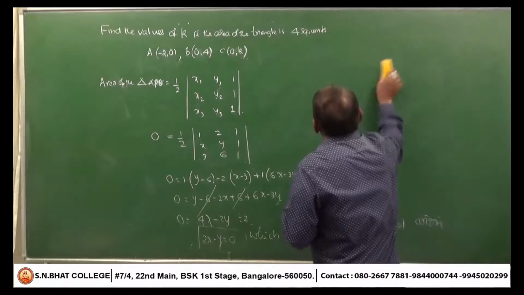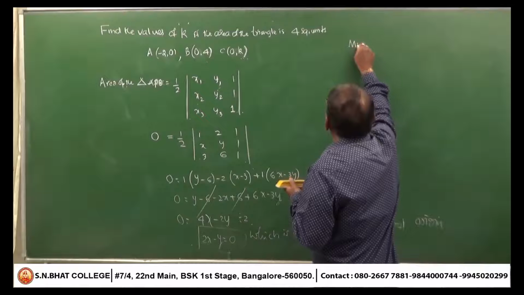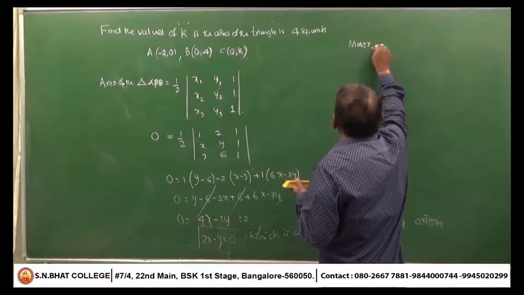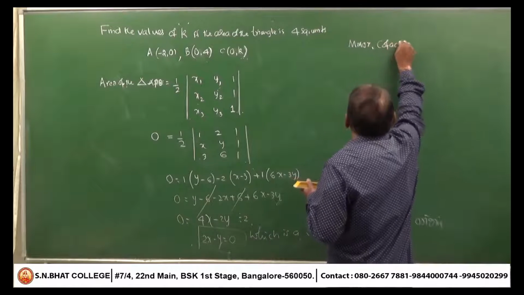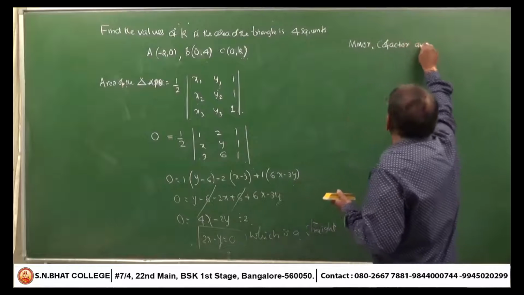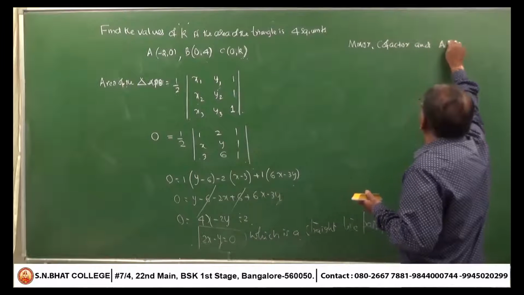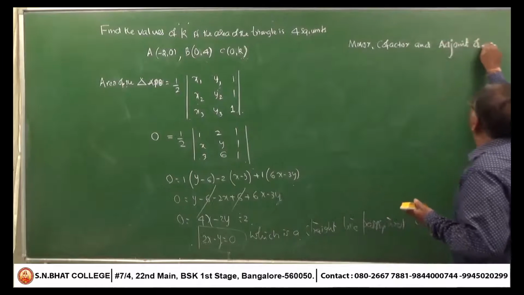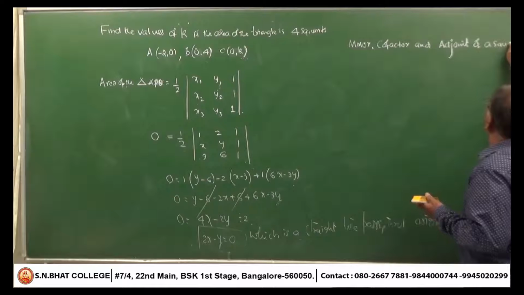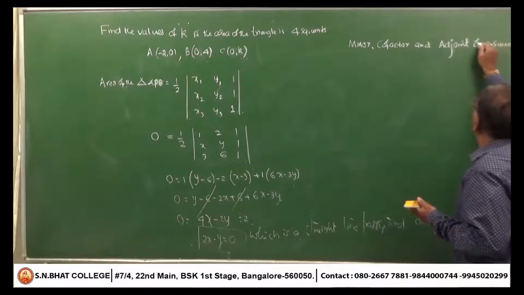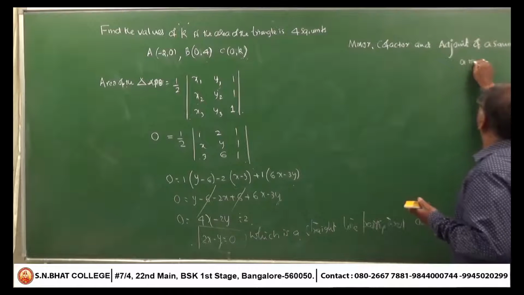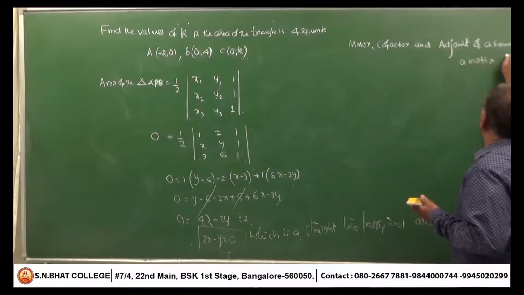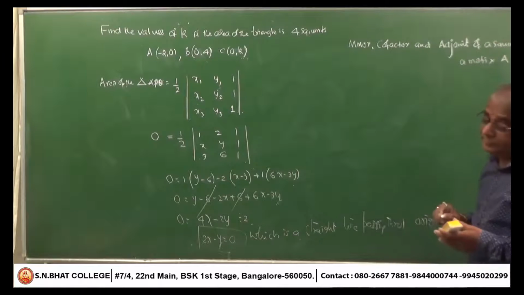Side heading is minor, cofactor and adjoint of a square matrix.